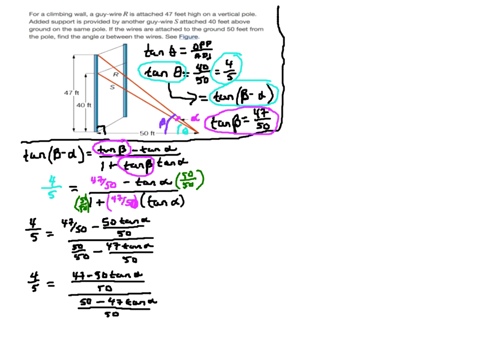And on the right-hand side, I never divide fractions. I multiply by the reciprocal. So 4/5 is equal to my numerator fraction, 47 minus 50 tangent alpha divided by 50, times my reciprocal, 50 divided by 50 minus 47 tangent alpha.